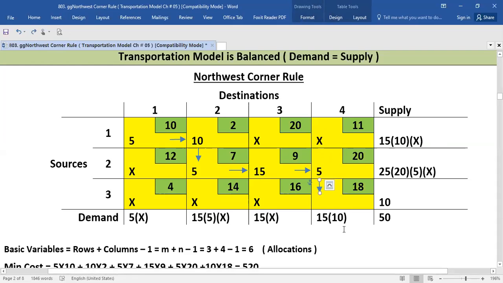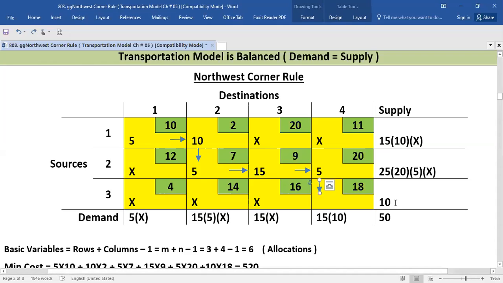Here you have noticed that demand is 10 and supply is also 10. And you are very fortunate when in the last cell you have the same value. This is the indication that you have correctly made your allocation in the previous cells.